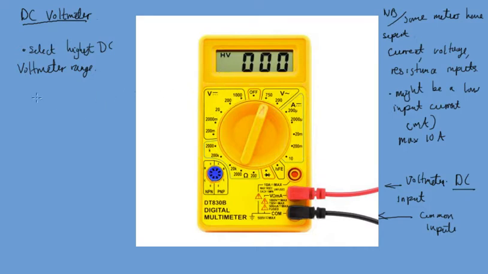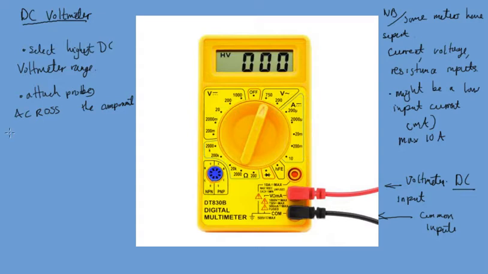Attach the probes across the component you want to measure. That's really important. If, when you're measuring voltage, you put the probes in series with the component, you won't get the voltage.